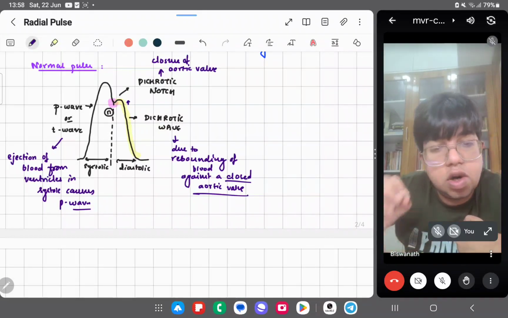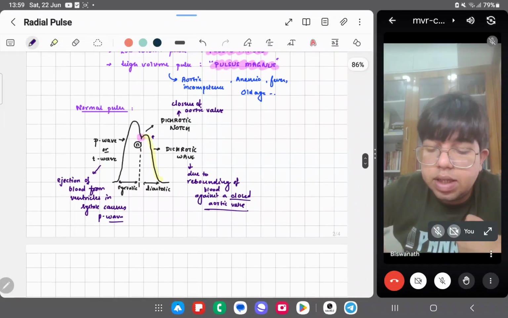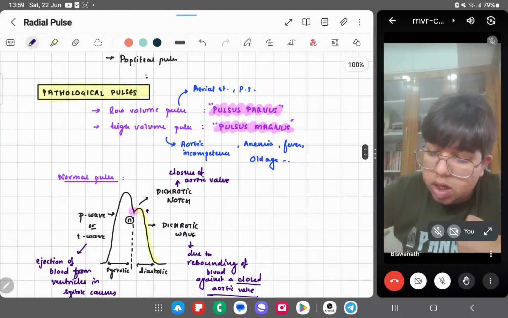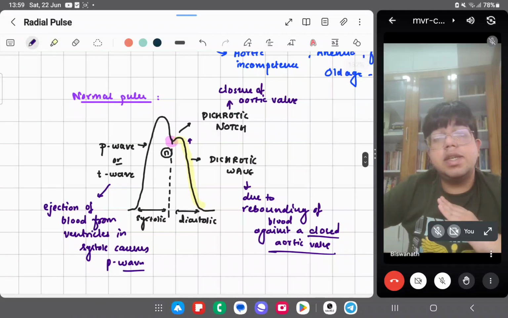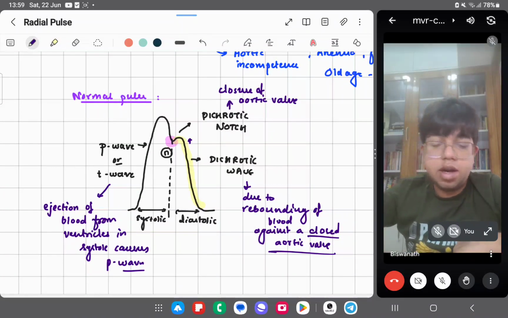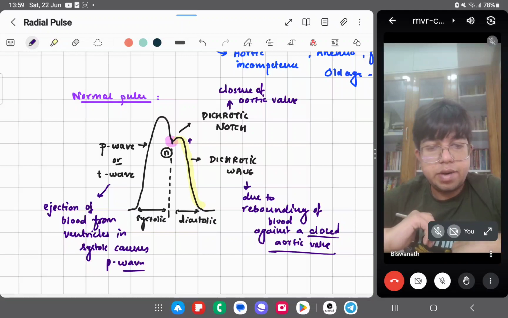This is the dicrotic wave. So this picture is very important. You can take a screenshot if you want, and we can move ahead.